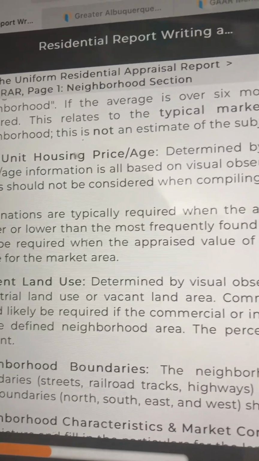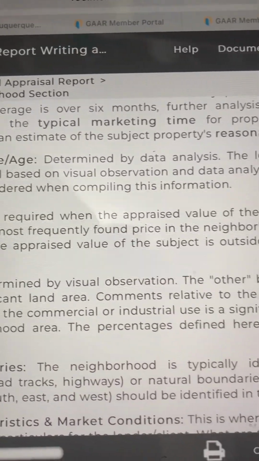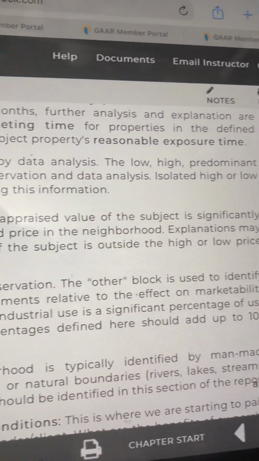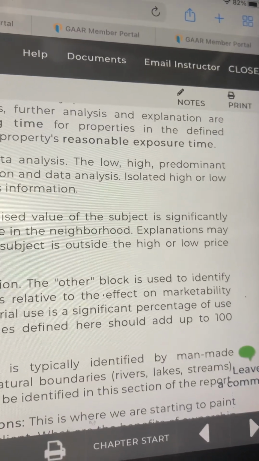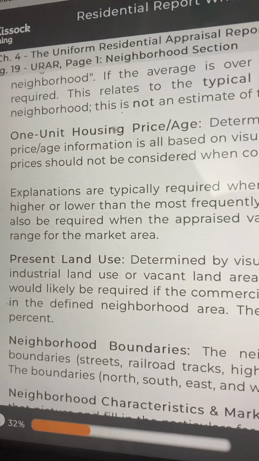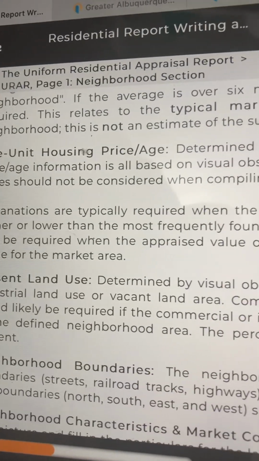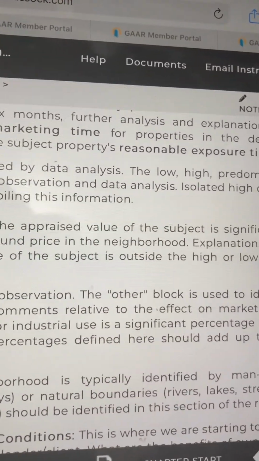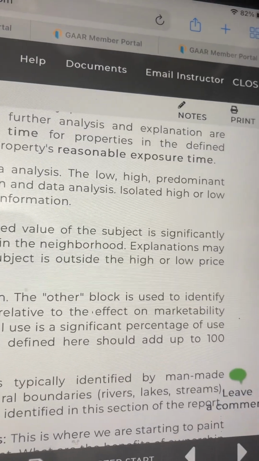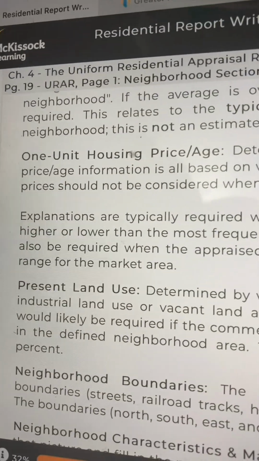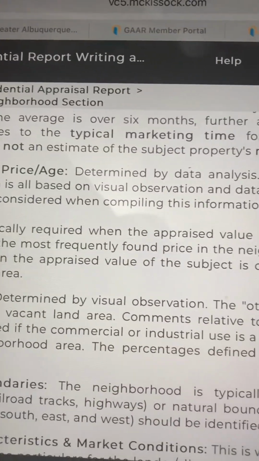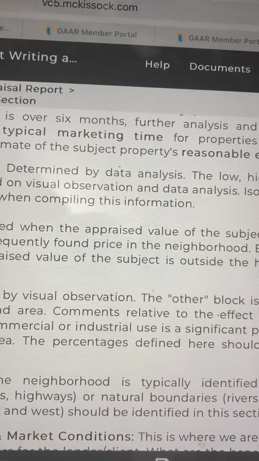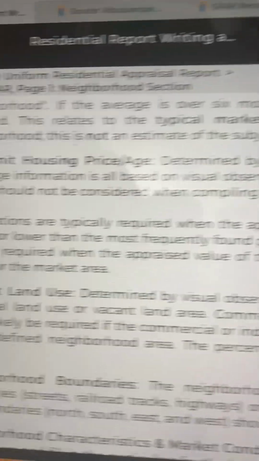One unit housing price/age. Determined by data analysis, the low, high, predominant price/age information is all based on visual observation and data analysis. Isolated high or low prices should not be considered when compiling this information.